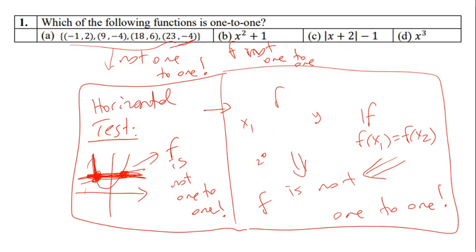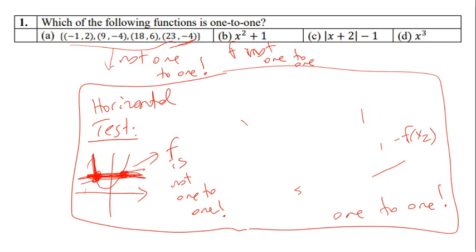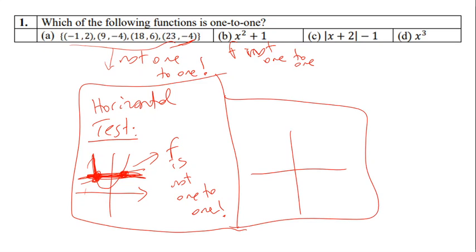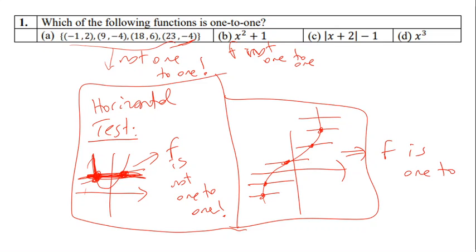And if this is the case, for example, let's take this one, one horizontal line intersecting at 1 point only, then we say f is one-to-one.